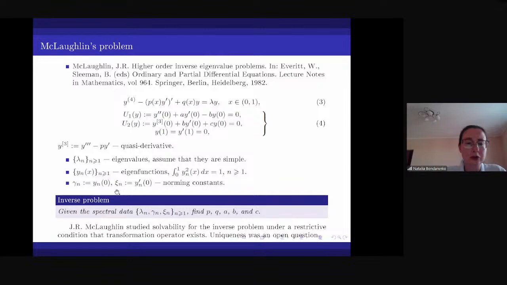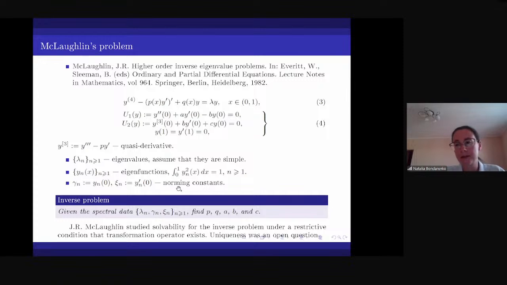So we don't know the values y_n at 0 and y_n prime. We denote them by gamma_n and xi_n and call them Norming constants.